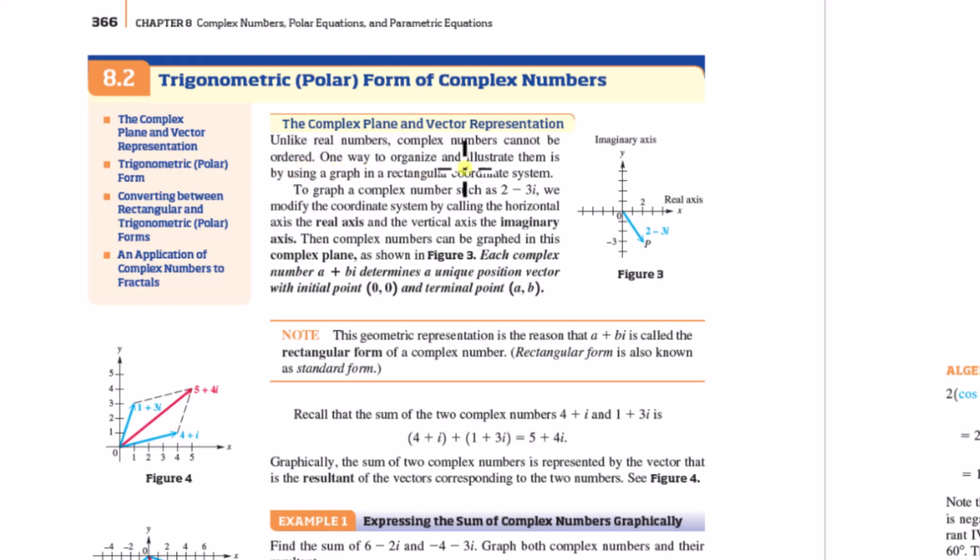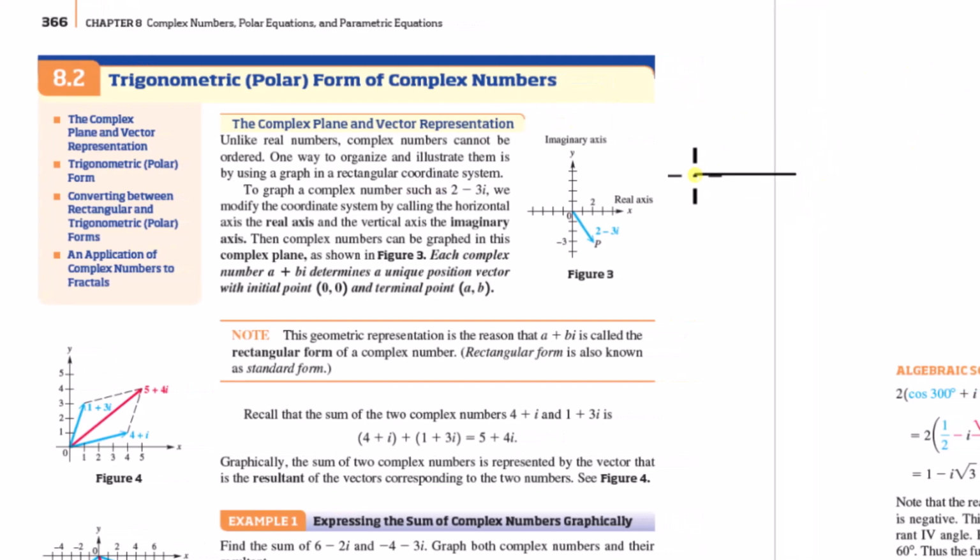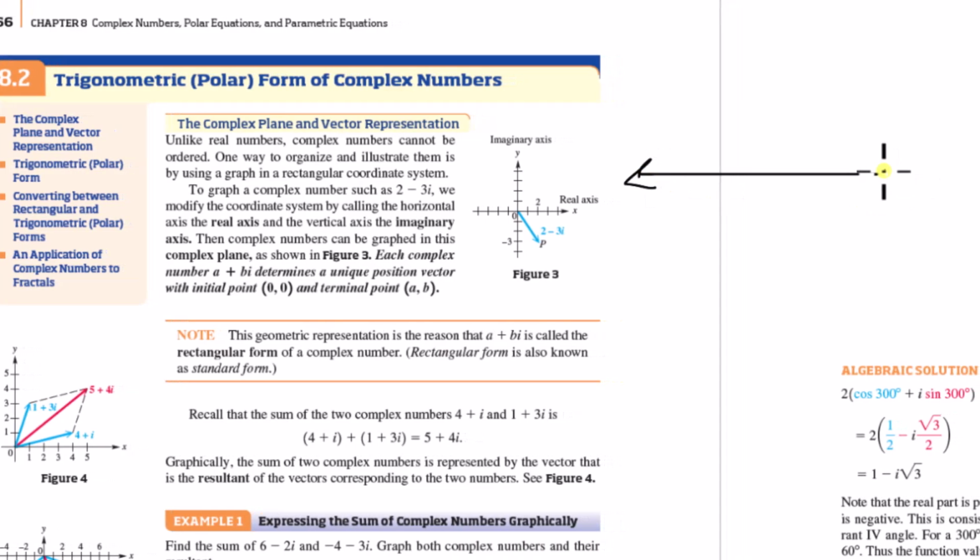One way to organize and illustrate them is by using a graph and a rectangular coordinate system. Yeah, so we can order real numbers on a number line like this, right? But we can't do that with complex numbers, at least on a line, because complex numbers are two-dimensional.